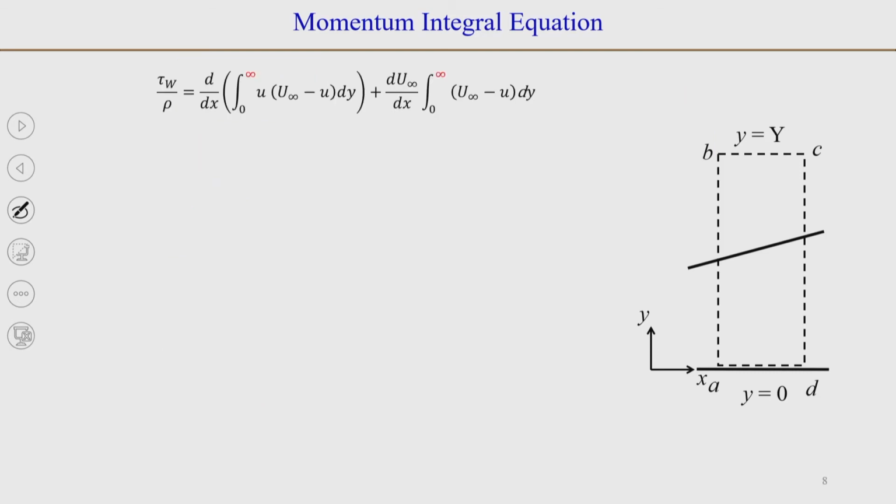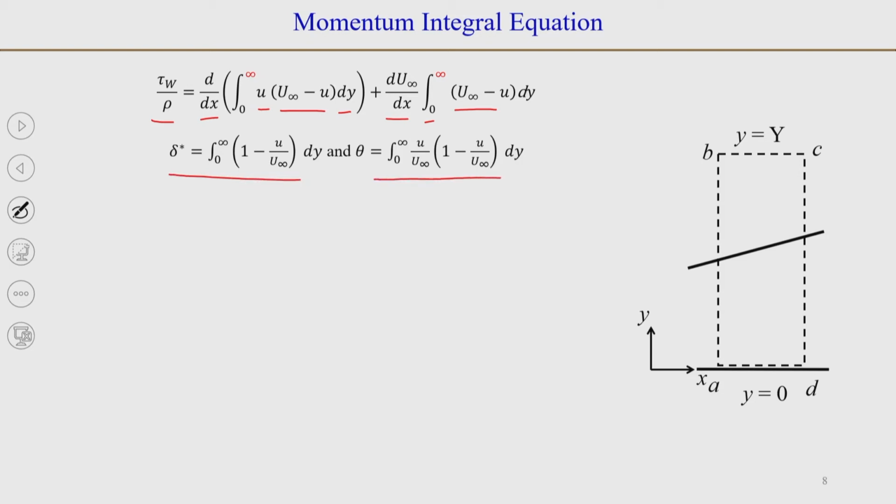Now, we have tau w by rho is equal to d by dx of the integral 0 to infinity of u u infinity minus u dy, plus du infinity by dx integral 0 to infinity of u infinity minus u into dy. Now, we can write down the definitions of displacement thickness and momentum thickness and compare.